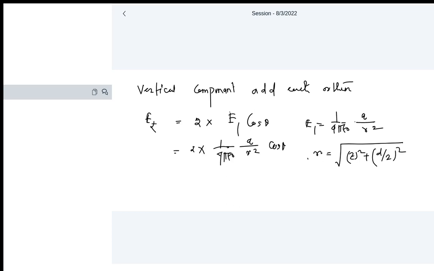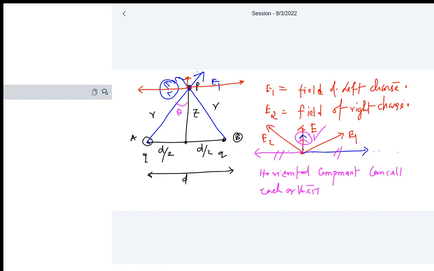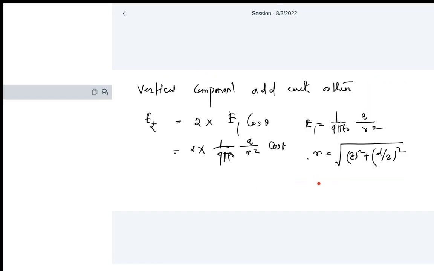And also cos theta, from the given configuration, is nothing but Z upon R. If we take this triangle, cos theta is nothing but Z upon R. Okay. So cos theta is nothing but Z upon R.